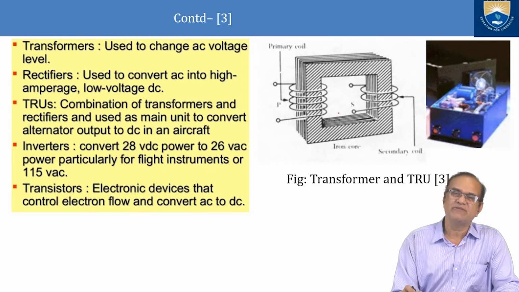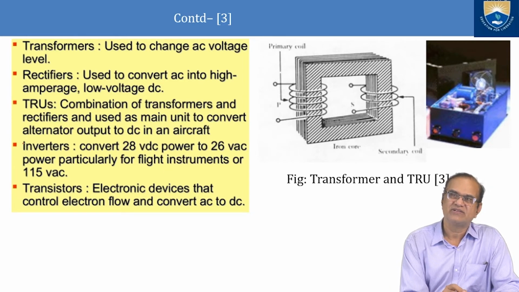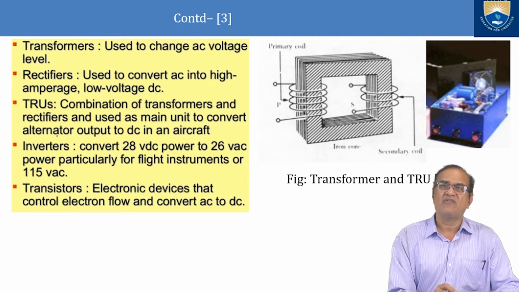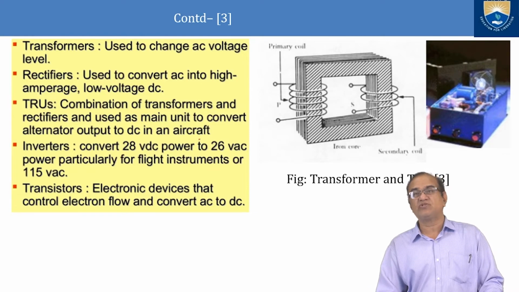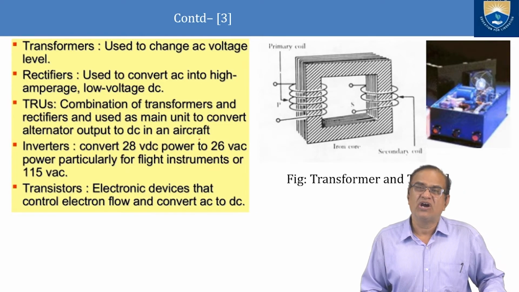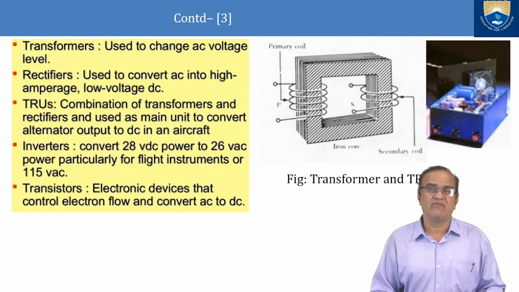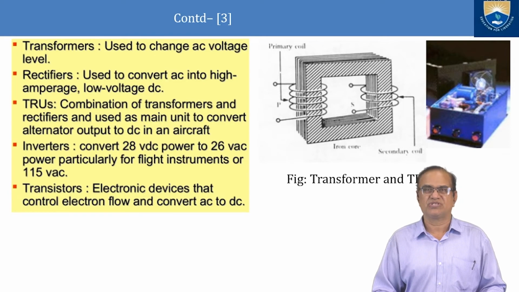The TRU, shown here, is a combination of transformer and rectifier units, and is used as the main unit to convert alternator output to DC in an aircraft. So AC to DC is converted by the TRUs.